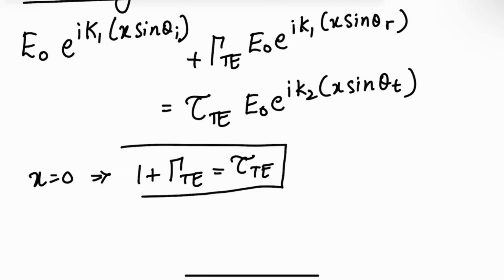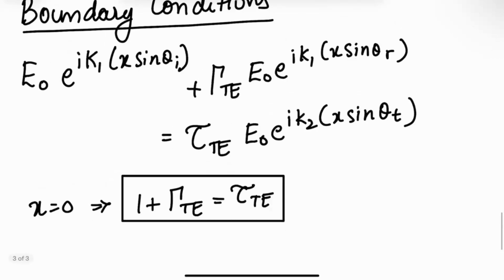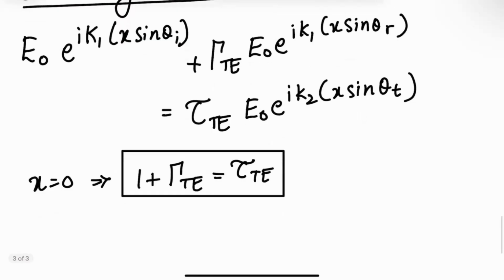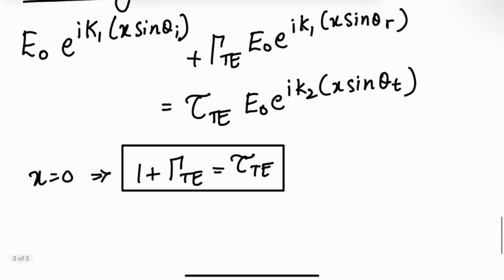This is a simple relationship, which is saying that 1 plus the reflection coefficient is equal to the transmission coefficient. And you get something very similar in transmission lines, because you can think of a transmission line as nothing but just a plane wave at normal incidence, right? So what we're doing here is a slightly more complicated version of that.